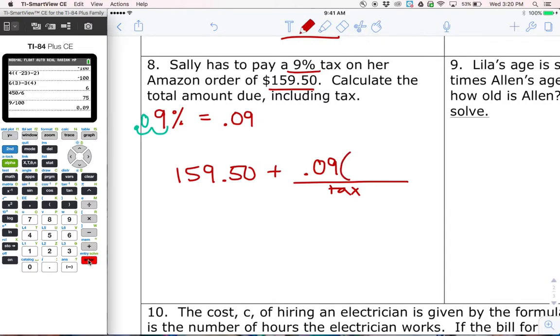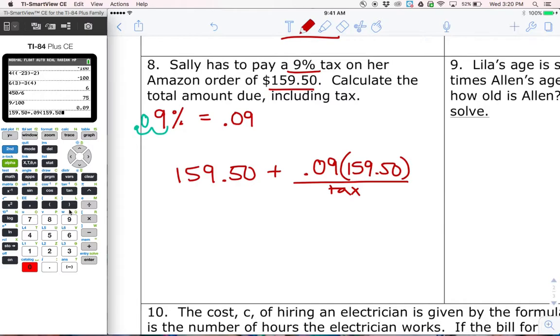So we must remember to multiply the 0.09 times the original price, okay? This right here is just the tax, and we have to add that to the original price. So in our calculator, we're just going to type this in, 159.5, or 159.50 if you feel better about it, plus 0.09 times 159.5.